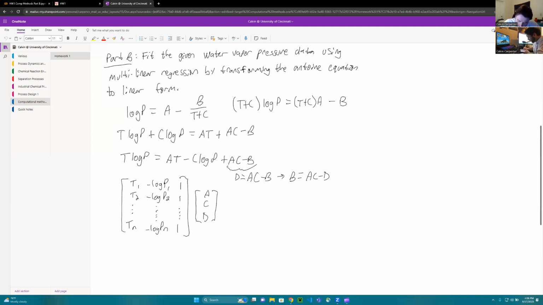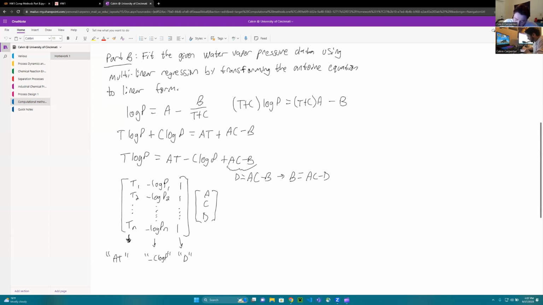So this portion here is going to be, whenever you multiply it out, our AT from our above equation. And then this is going to be our negative C log P. And then this will be our D. And so once again, our D is AC minus B from our equation.